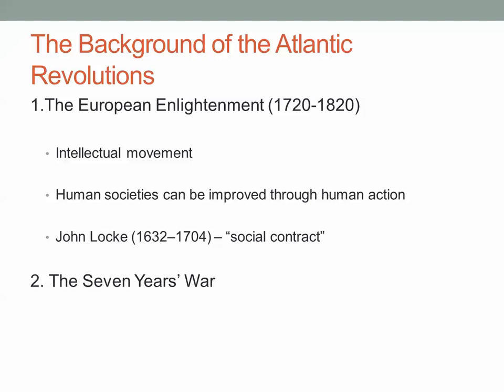They proposed a very radical idea at the time, that human societies can be improved through human actions. Humans are rational beings, so because they're rational beings, we can organize society rationally. So they began to attack any systems that are not based on rationality, for example, absolute monarchy.